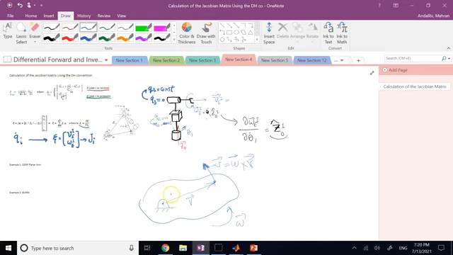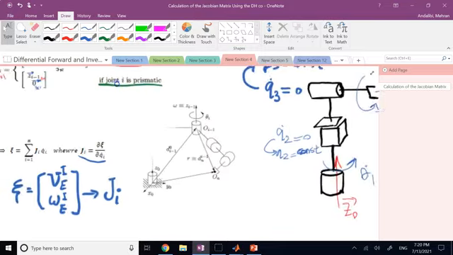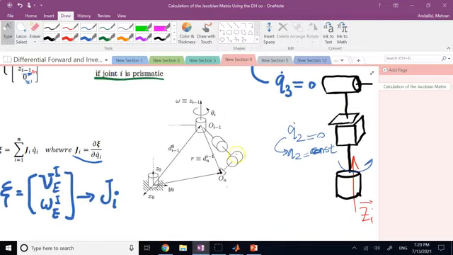Now we're going to use the exact same thing here, with the difference that here my end effector is not rotating about the base, it is rotating about joint i. That's joint i.